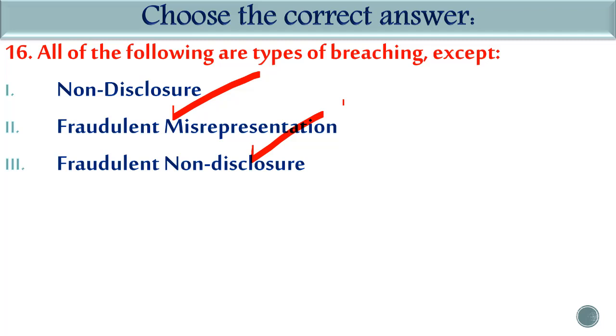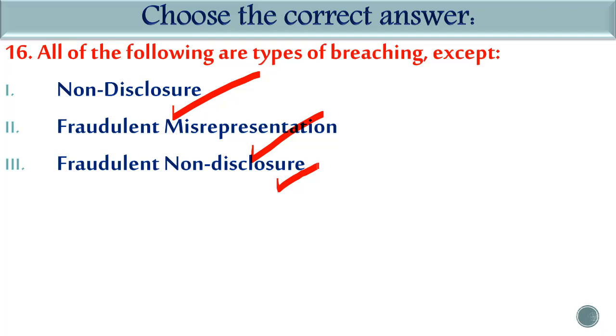Fraudulent misrepresentation, non-fraudulent misrepresentation, fraudulent non-disclosure, and non-fraudulent non-disclosure are considered types of breaching.